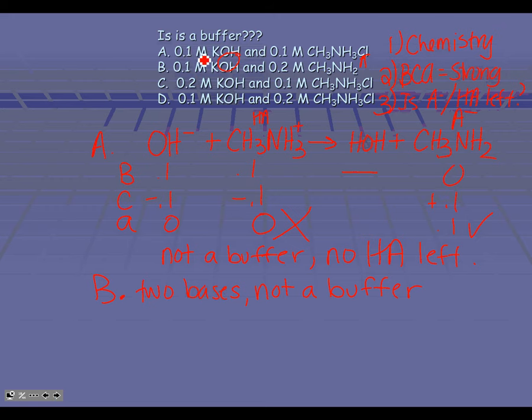So let's look at letter C, and I'm going to add in a slide here. Letter C, we're still working with the original equation that we had before. We have our OH. We're going to add it to our HA, get our water and our conjugate base.